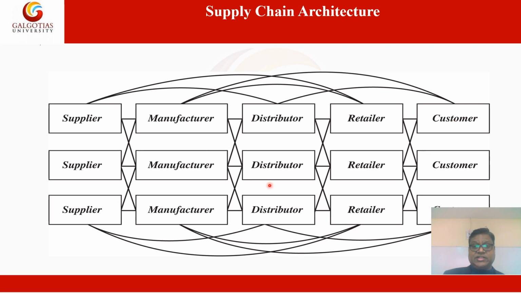Interestingly, there are three different supply chains, and these are all integrated with each other. It is a kind of web, where the supplier has a relationship with the manufacturer, distributor, and retailers in a progressive manner, but also with other supply chains, with the manufacturer and with the suppliers of extended or further supply chains.